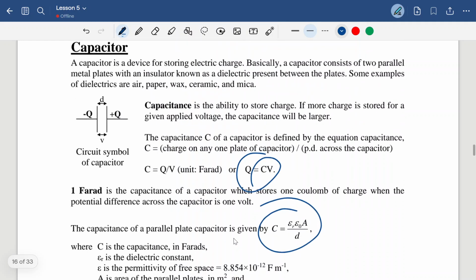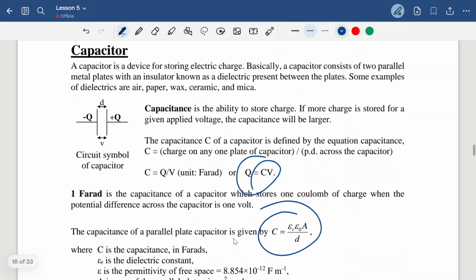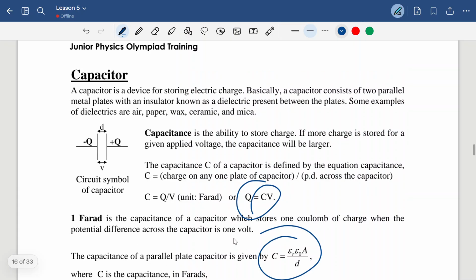So capacitors, this is a circuit device. It's like your resistor. You have learned in your circuit there's resistor, there's light bulb, this and that. There's this thing called capacitors. There's one more thing called inductors. By right, you need to know both, but we don't have time to go through inductors. So you might want to also read through inductors, apart from those I mentioned at the start of the lesson.